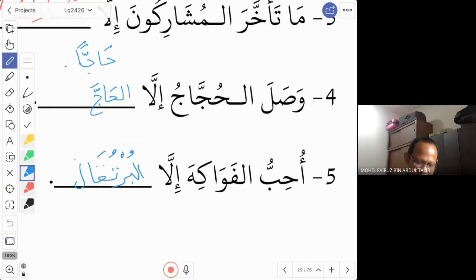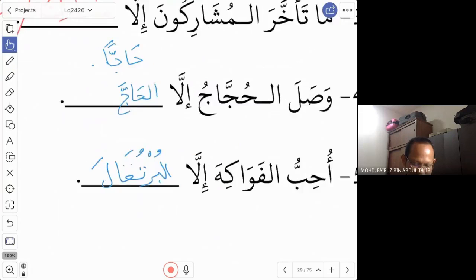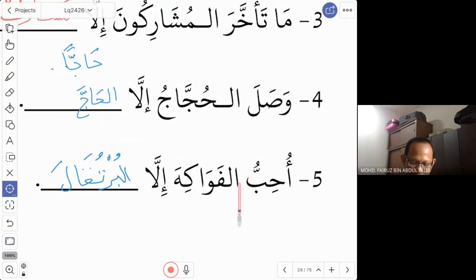Only burtukala, because this belongs to group number 1. In group number 1, musbat, no ma, no la, no lam, and this is the mustasna, and this is mustasna minhu. So we read it with fathah because it is mansub. Sahih: uhibbul fawakih illa burtukal.